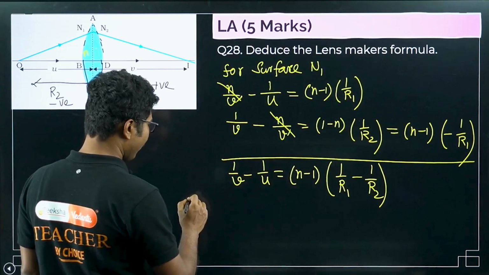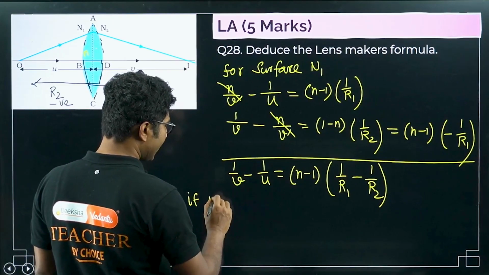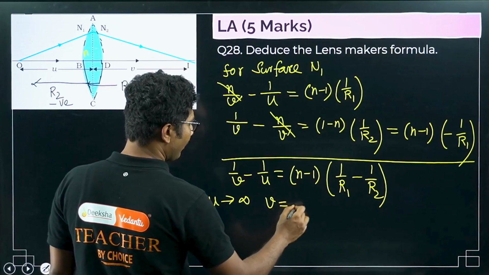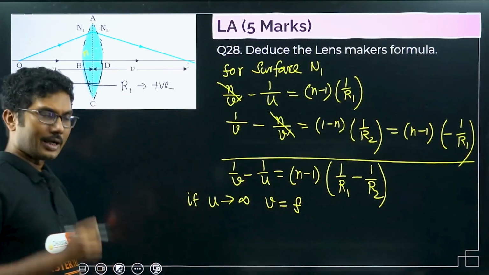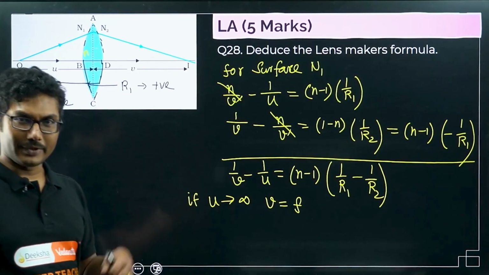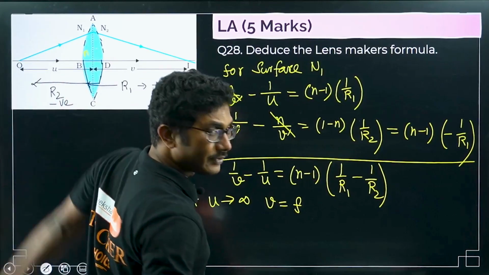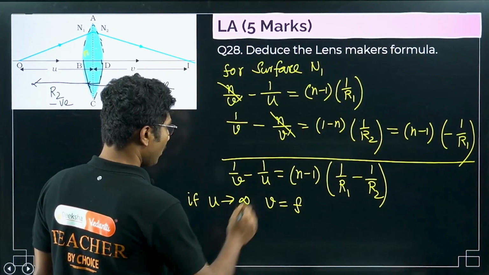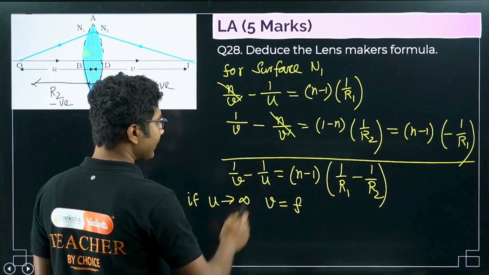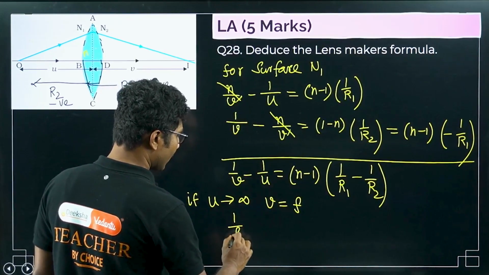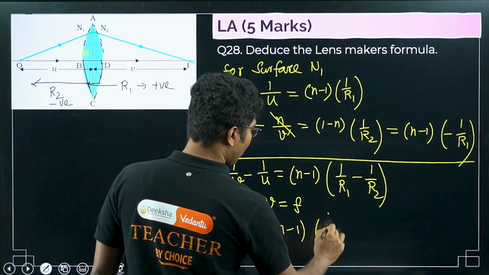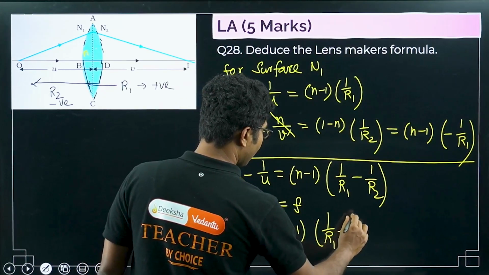One more thing, if the object is at infinity, then the image is formed at the focal length, right? If the object is kept at infinity, we know that the image is formed at the focus, right? So if you put that 1 by infinity is 0, so 1 by focal length equals n minus 1 times 1 by R1 minus 1 by R2.